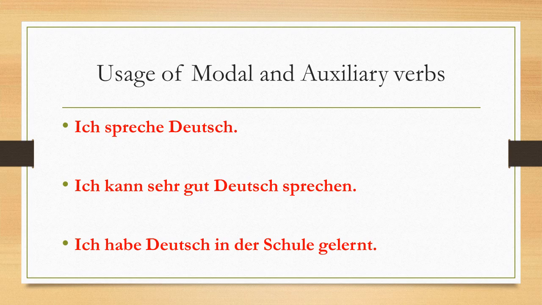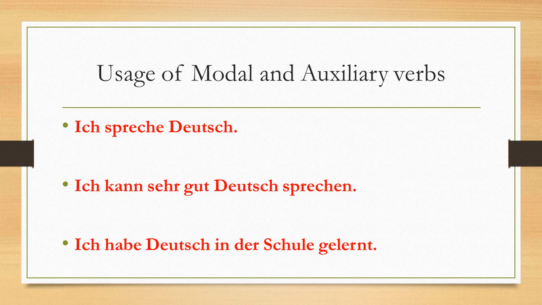In the second example, I have used a modal verb, and if we have modal verbs or auxiliary verbs in our sentences, these modal verbs or auxiliary verbs take the role of main verb and conjugate.